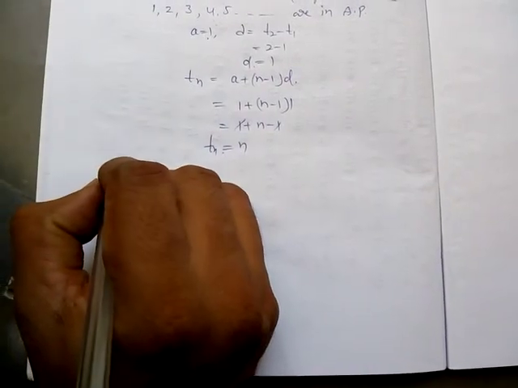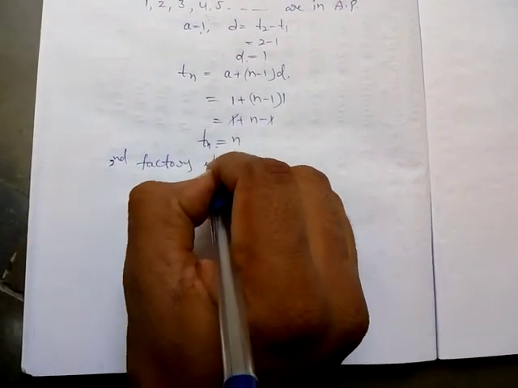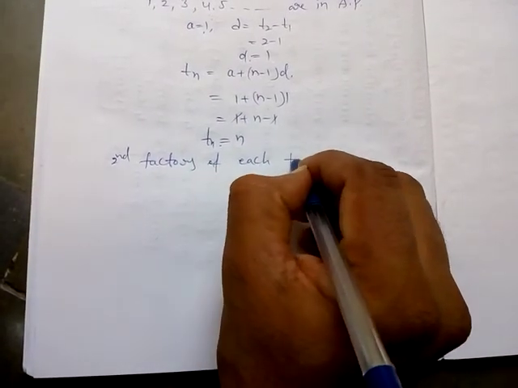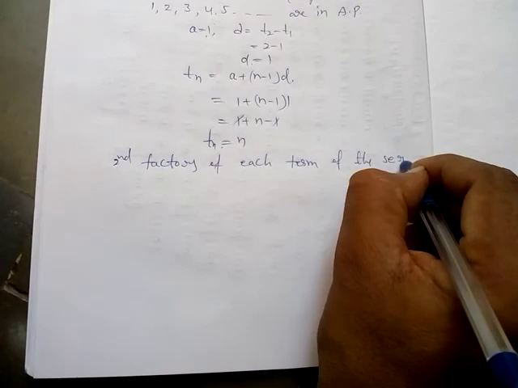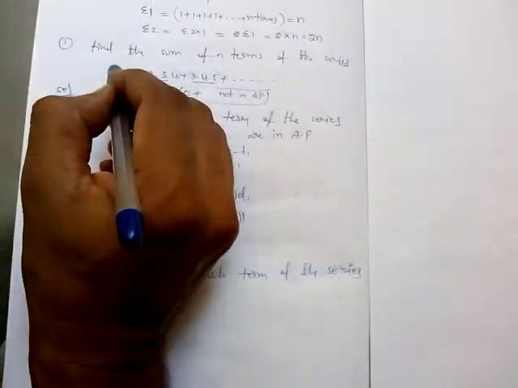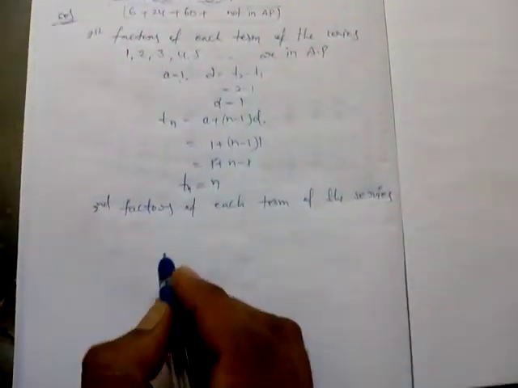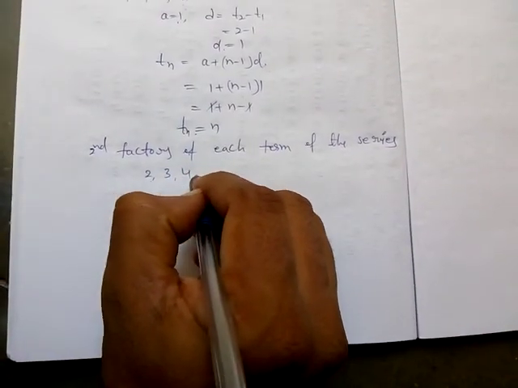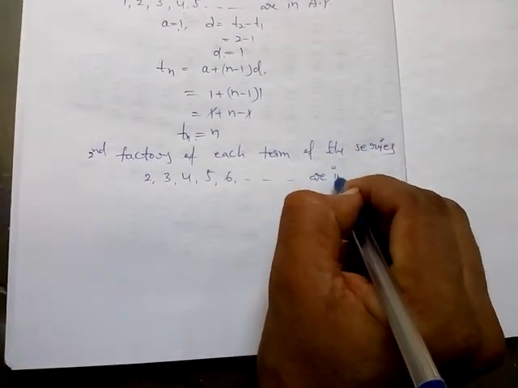Next, take the second factors of each term of the series. The second factors are 2, 3, 4, next one 5, 6, like that. These are also in AP.